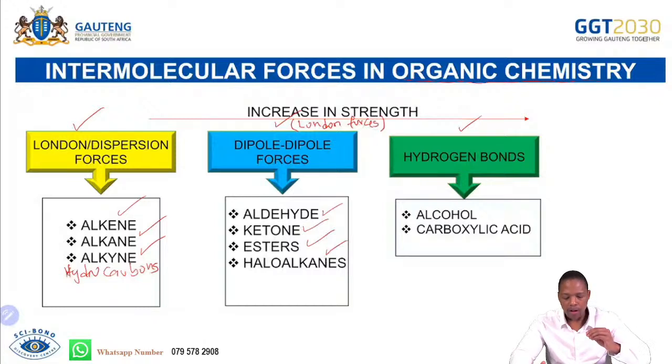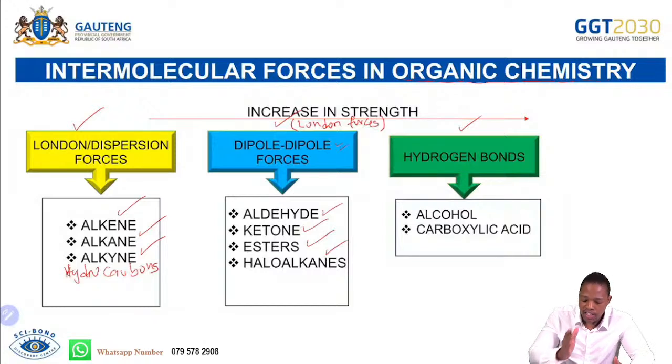However, the intermolecular forces that are stronger in an aldehyde would be the dipole-dipole. The intermolecular forces that would affect the physical properties of an aldehyde more will be the dipole-dipole forces. But London forces are there.